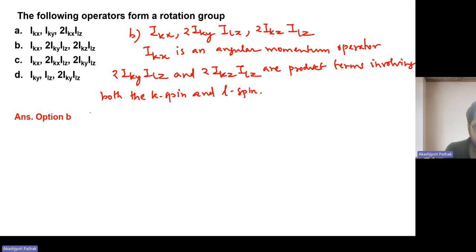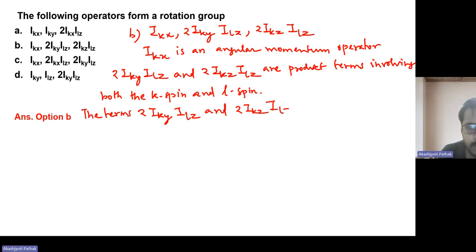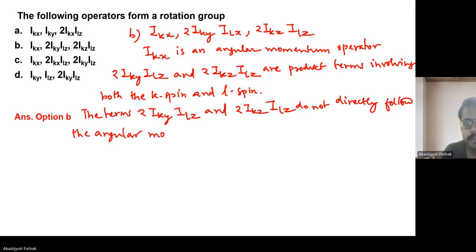The terms 2IKY ILZ and 2IKZ ILZ do not directly follow the angular momentum commutation relations.